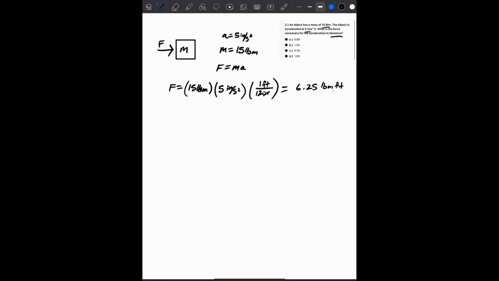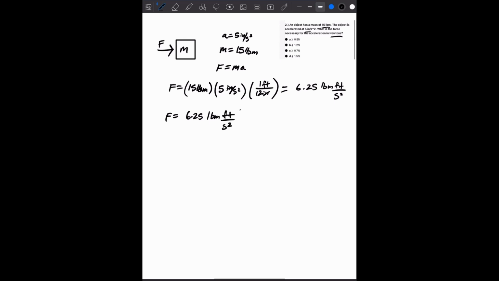Okay, from here we have pound mass feet per second squared, but what we'd like to see is pound force, which would be the correct unit for force in imperial. So we're going to say F is equal to 6.25 pound mass feet per second squared.